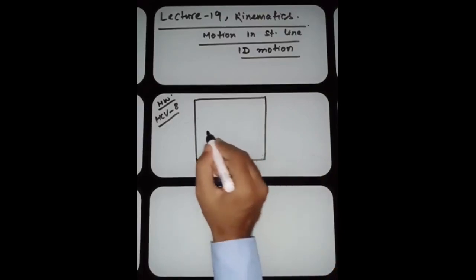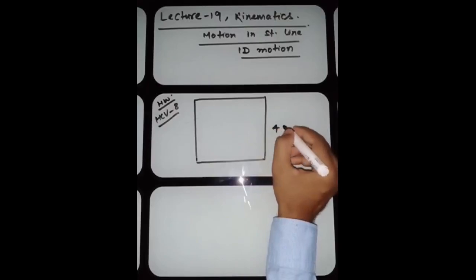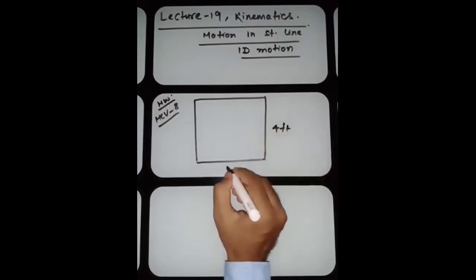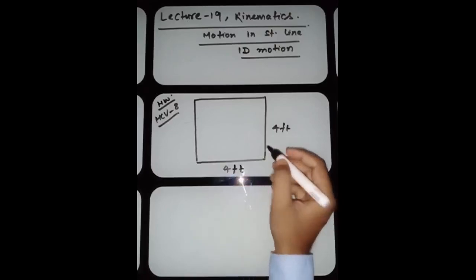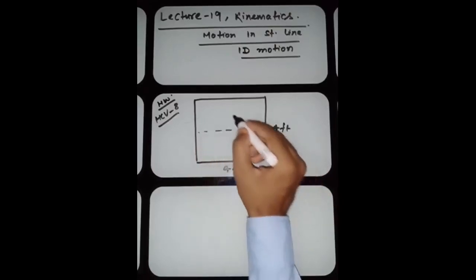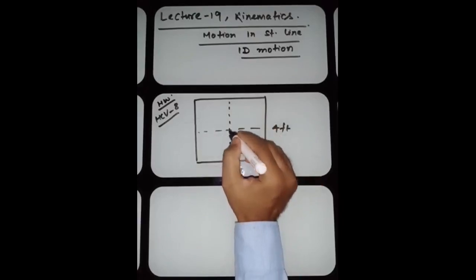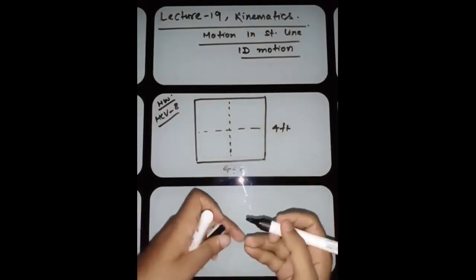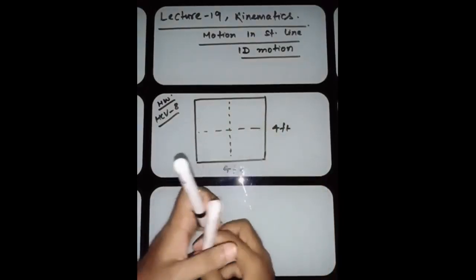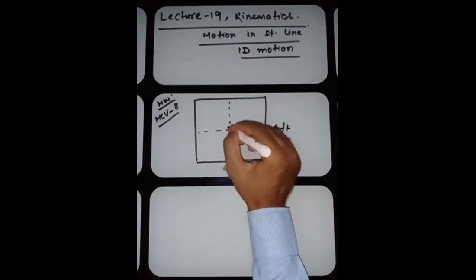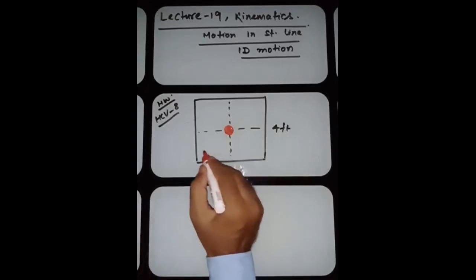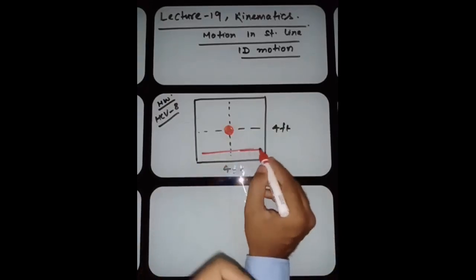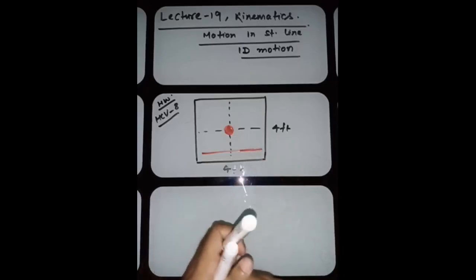Now this is a carom board of dimension 4 feet square. All right, we used to put the queen at the center. A queen is placed at the center of this carom board. This is the queen, red color. Okay, one striker strikes this queen.